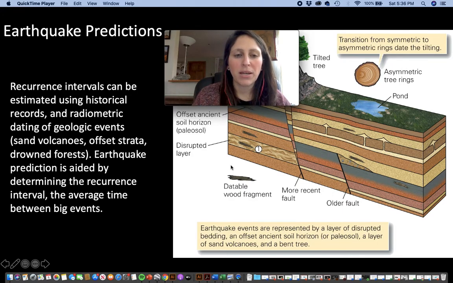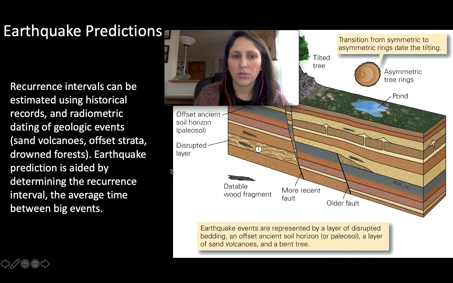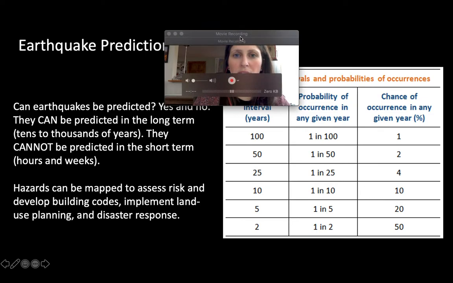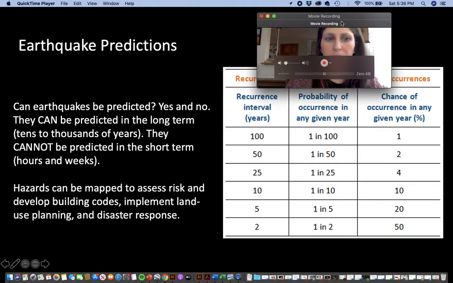Based on that data, we can predict when the next earthquakes will happen. But this is all based on the data that's available. So that's a huge limiting factor in how we can predict earthquakes and assess where these geohazards will be.